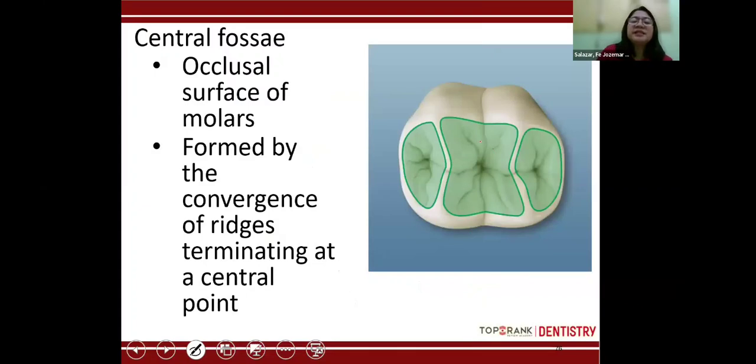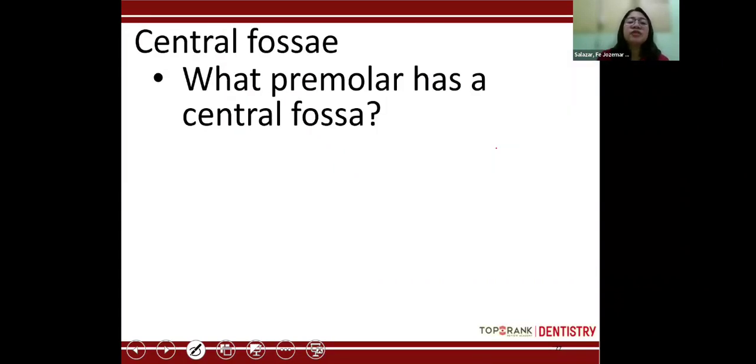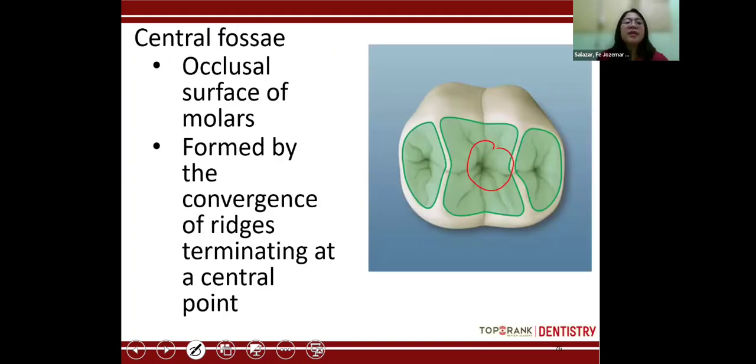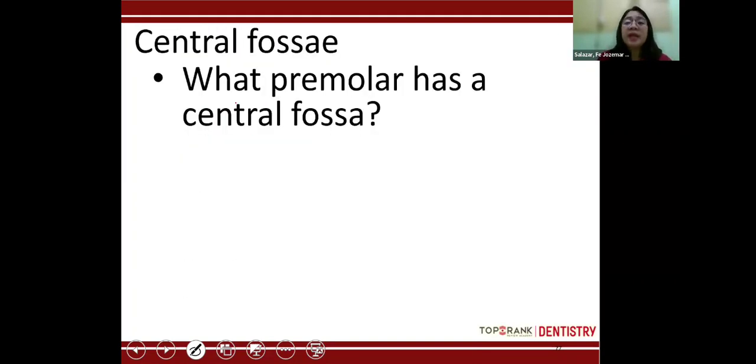Central fossa, this is on the occlusal surface of molars. It's formed by the convergence of ridges terminating at a central point. Now, sabi natin nasa molars lang siya, pero there is a premolar with a central fossa.